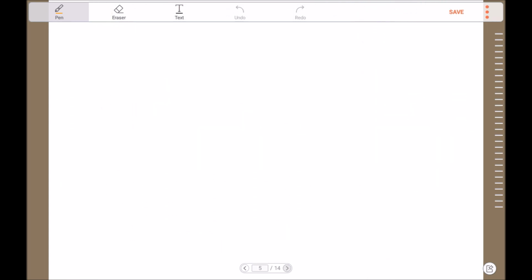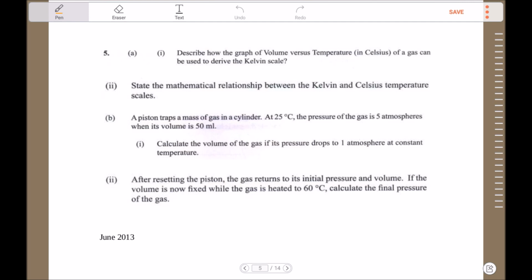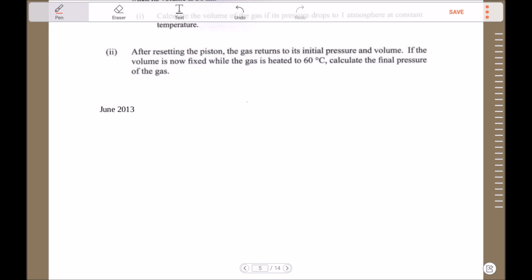Next question. Alright, so A, describe how the graph of the volume versus temperature in Celsius of a gas can be used to derive the Kelvin scale. Once again, you can Google that, but the graph would look something like this.